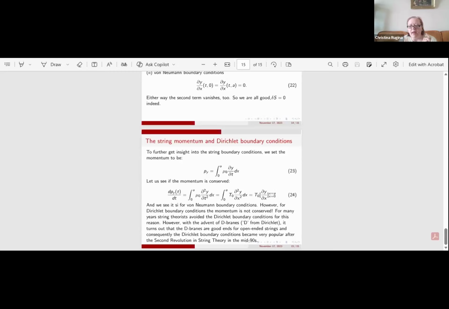And we'll learn about these things later. This is just to bring to your attention the fact that the string momentum is not conserved by itself with the boundary conditions. But if you add the Dp branes, then together it is a conservation, and that applies, of course, only to open-ended strings.